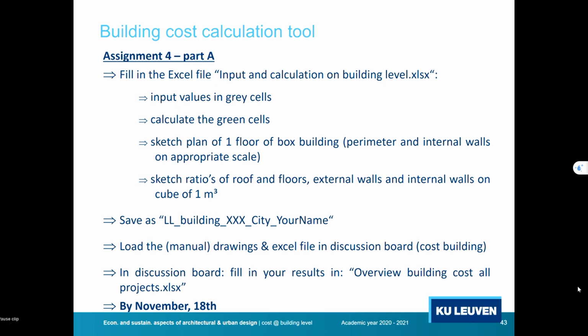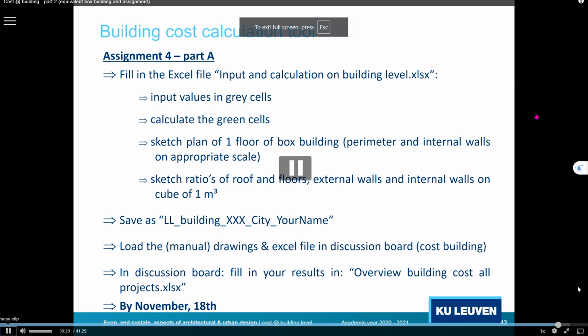Once you have filled in this Excel file and you have sketched the different ratios and the plan, you save it under your latitude, your building name, you mention building in the name, you mention again your country code, the city, and your specific name. And you hand it in the discussion board in the specific discussion session on cost of building.